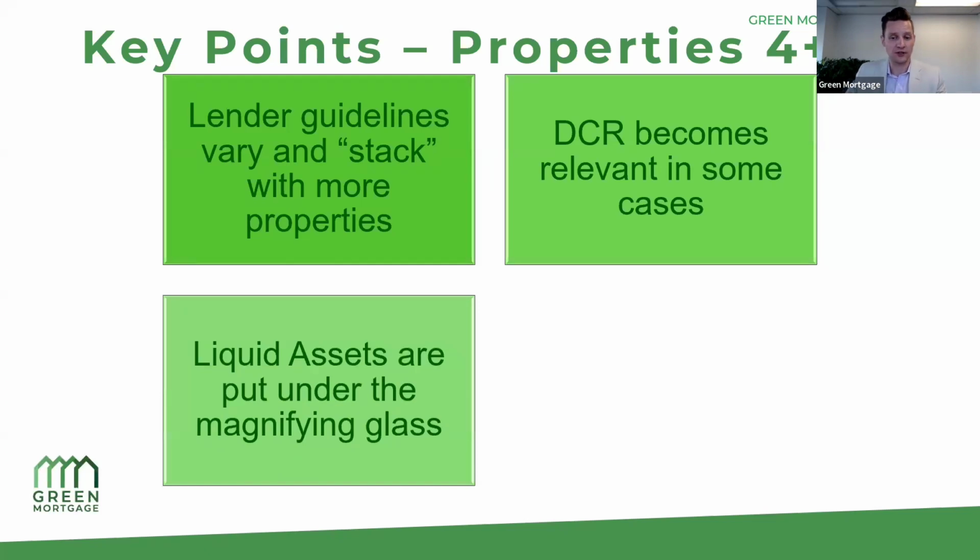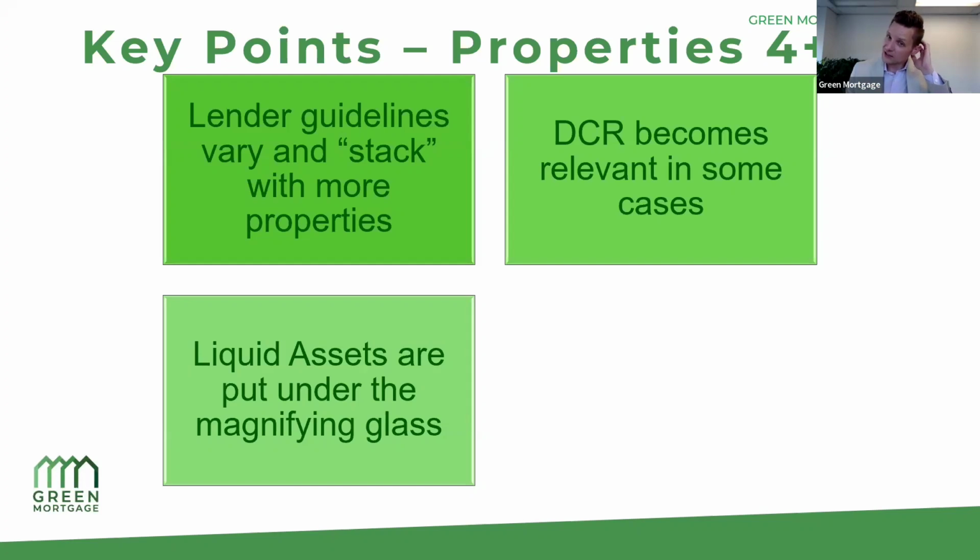One other thing that's important at this stage is that the liquid assets are put under the magnifying glass. So there isn't yet usually a strict rule of thumb, although a couple of lenders do have some policies on this. As a general rule of thumb, it's good to have about $30,000 to $50,000 in liquid assets per property.